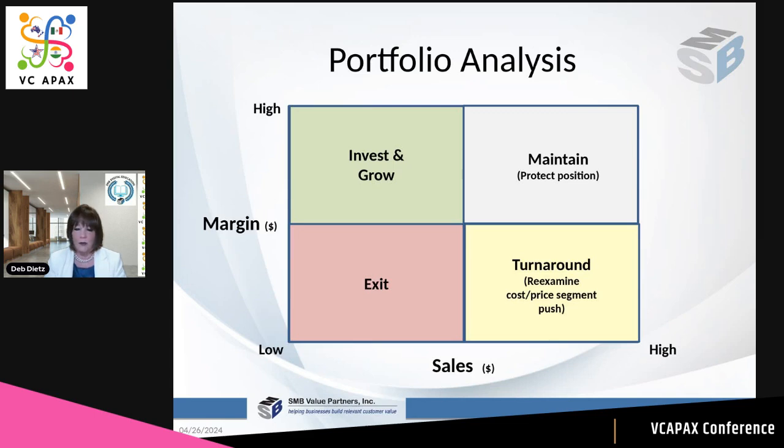So if you have a product or product category where sales is trending over maybe 5 years now, not 3, but 5 or even longer, if sales are trending high and maybe your margin is low, and I'll start there, that is an opportunity to turn that product around.